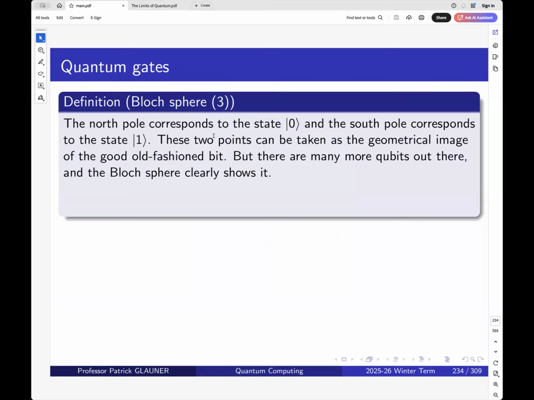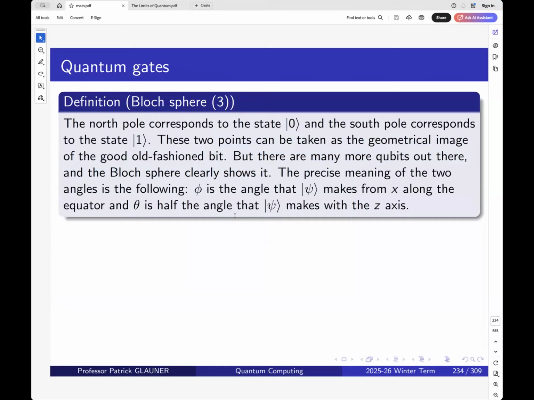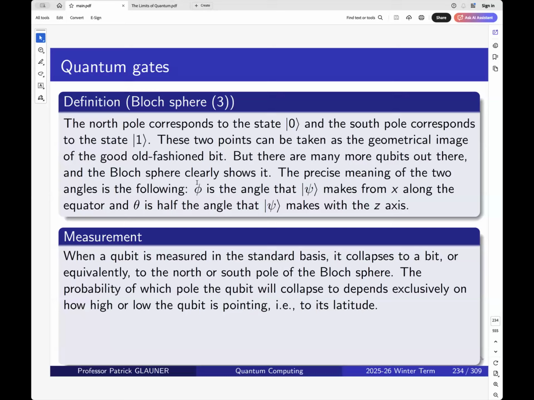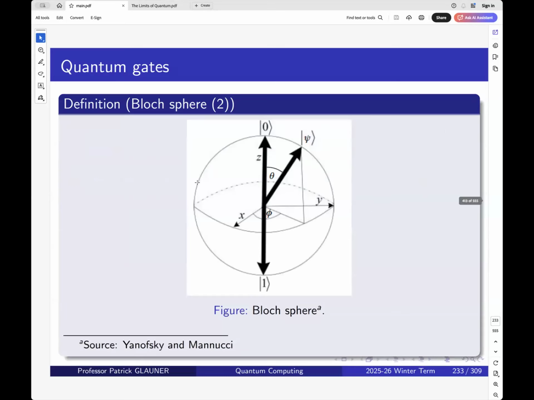What I've just said is also written here: the Bloch sphere allows us to visualize this, and we have a north and a south pole. One thing is also important with regards to measurement. Imagine my psi cat looks like this. It's close to the North Pole.